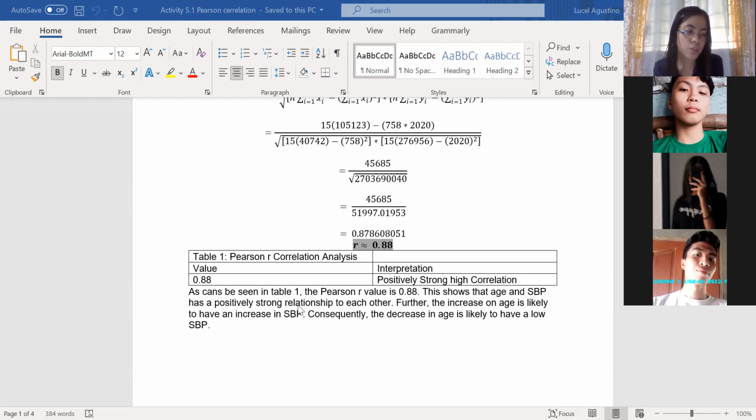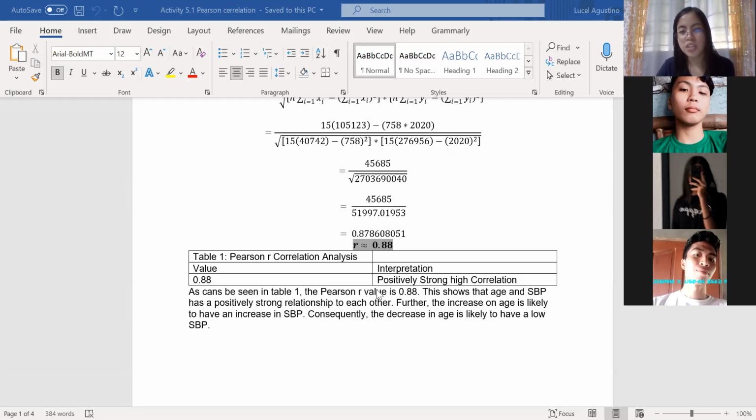And then 0.2 to 0.4, we have the weak linear relationship. And then 0 to 0.2, that is very weak. And then if we have 0, then that is no linear relationship. So, wala na siya pag-present. So, in your data, as can be seen in table 1, the person R value is 0.88.